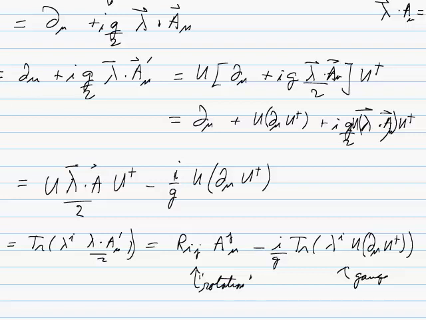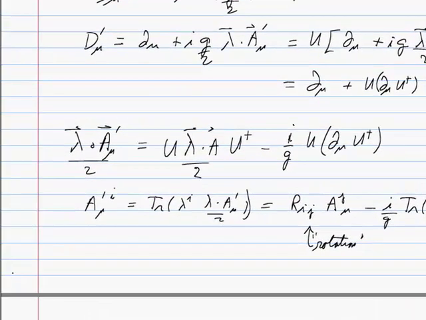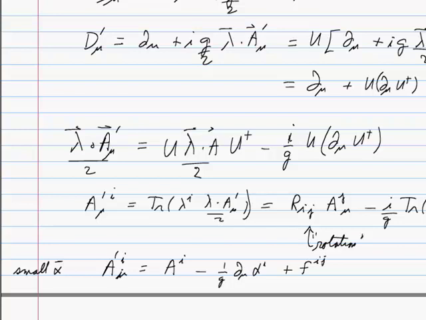If I do this infinitesimally, for small alpha, the answer is here: A prime I is A I minus 1 over G d mu alpha I, and then the rotation piece turns into f i j k A k mu alpha j.